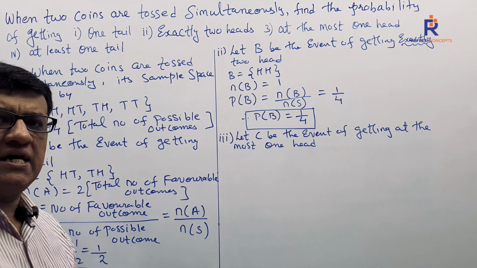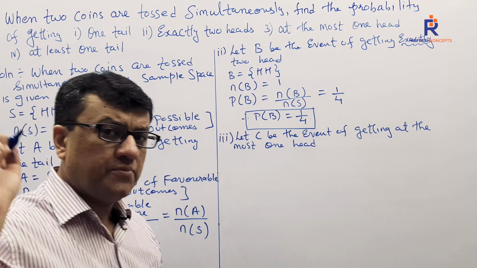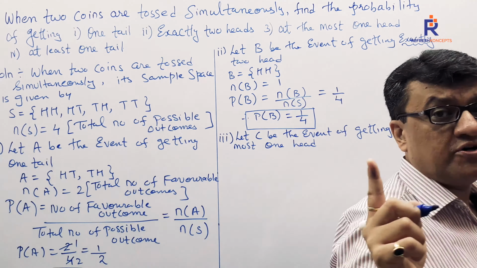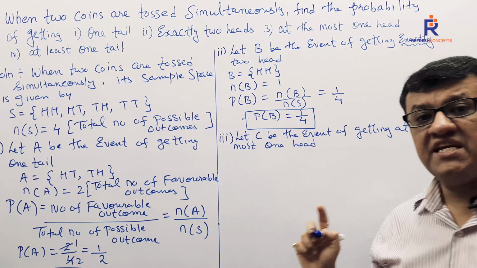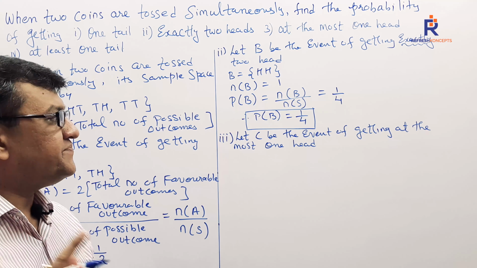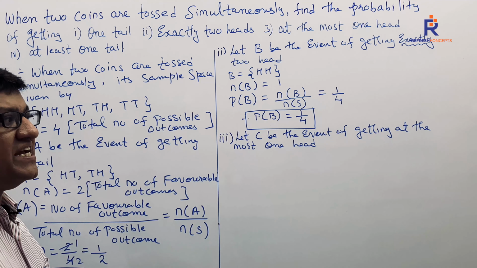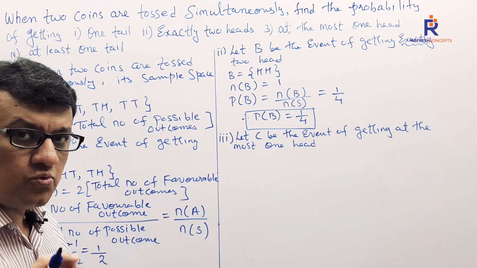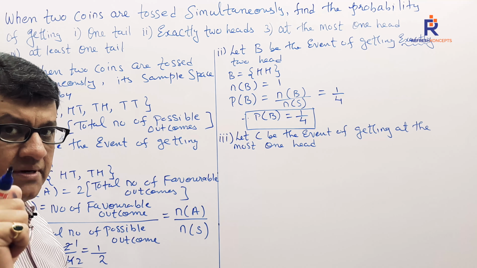Children, again, refresh your concepts. Go through the random experiment and events we discussed, about at the most and at least. What do you mean by at the most? At the most means maximum. Maximum to maximum, 1 head.